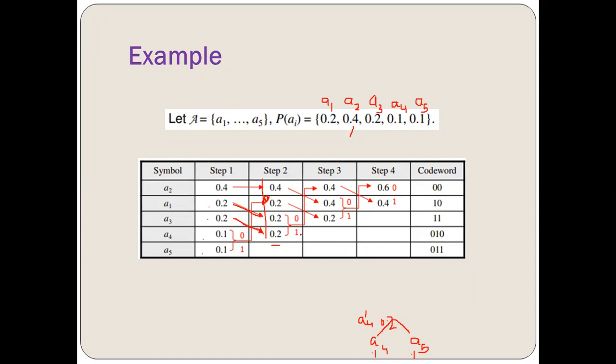So again, we are going to put 0 and 1 here. I'm going to make the leaf of the tree as A1 and A3. You can see that this is 0.2 probability and this is 0.2 probability again. I'm going to add these two and I'll get, let's say, A1 dash. You can name it or not, that is up to you. The sum is 0.4.